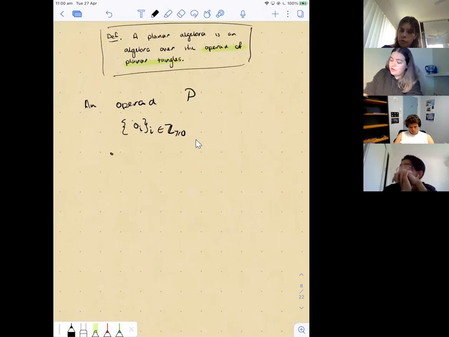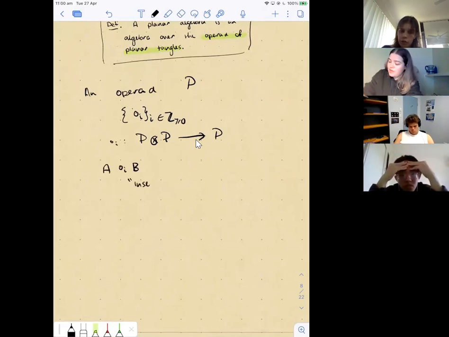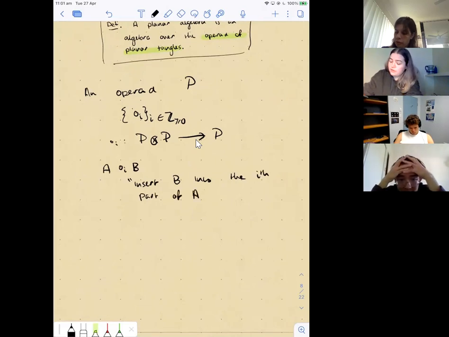And each of these circ I's is a map from the tensor product of the operad to itself, with some little rules that I'm going to ignore. And colloquially, if we have A circ I B, what that means is insert B into the ith part of A. Obviously here we have to have some notion in our algebra of what the ith part of A means, but that's pretty much in a nutshell what an operad is.